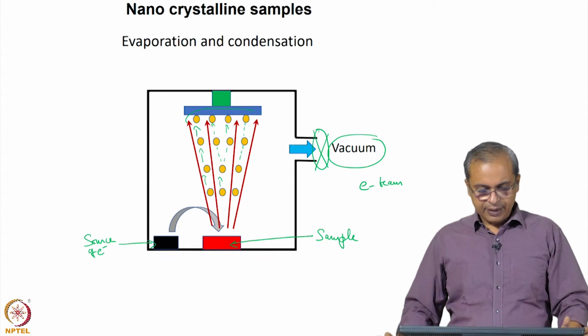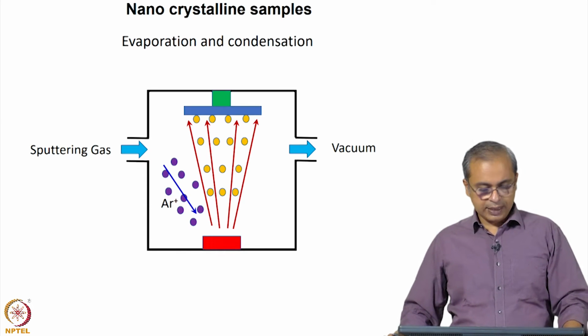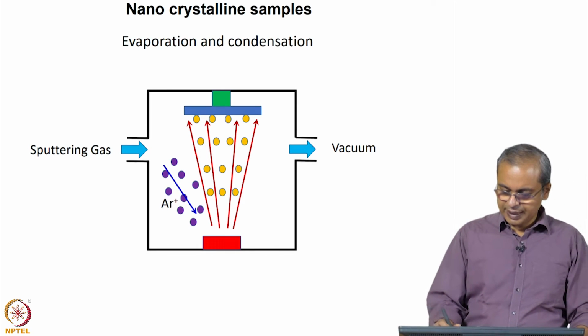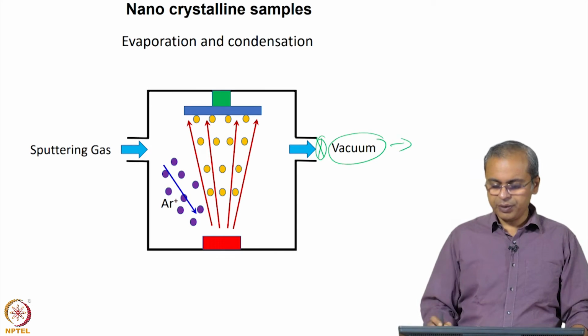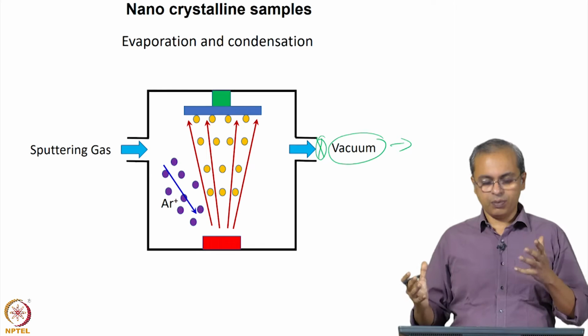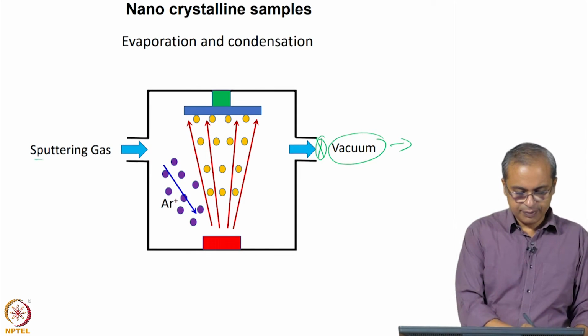One more variation we can use is called sputtering. In sputtering, there is a very similar process again. You have a valve here and then you have vacuum. So, you draw vacuum, and once the vacuum system has reached low enough vacuum conditions, you send in a sputtering gas.